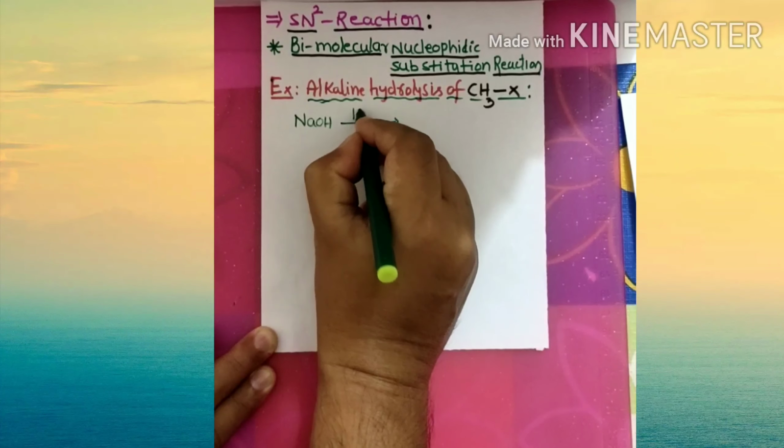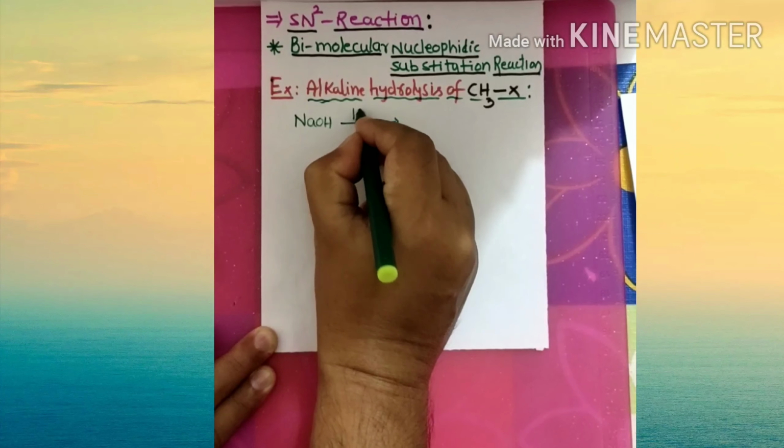This bond is going to break and the nucleophile will attack the carbocation. Then we are getting methyl alcohol plus a byproduct, that is bromide ion.